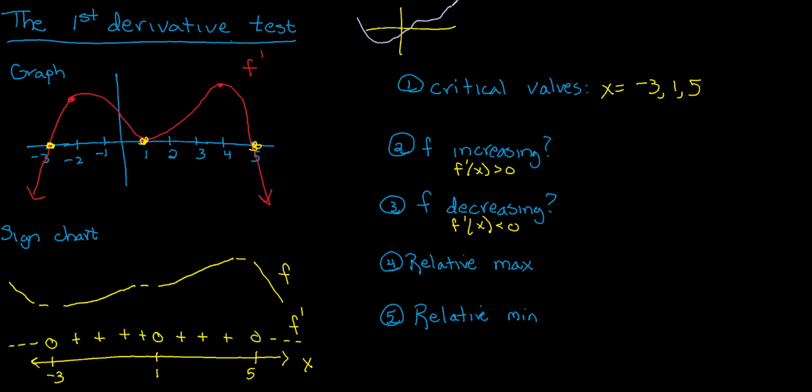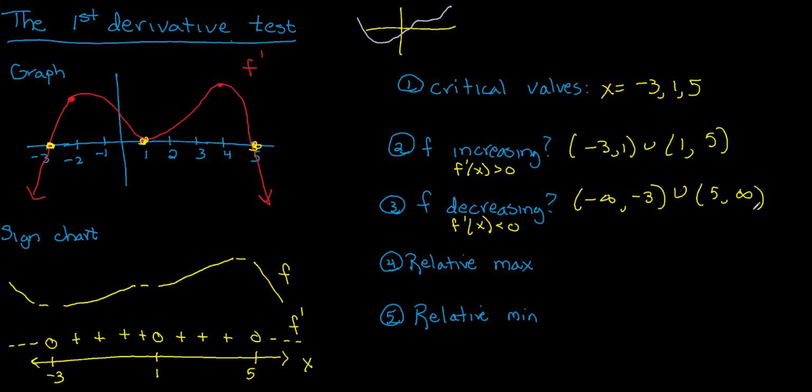In terms of when f is increasing, so when is the slope positive, I would say it's increasing from -3 to 1, union 1 to 5. It's decreasing from -infinity to -3, union 5 to infinity.